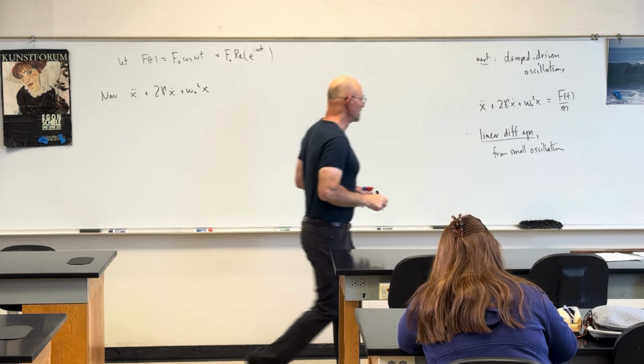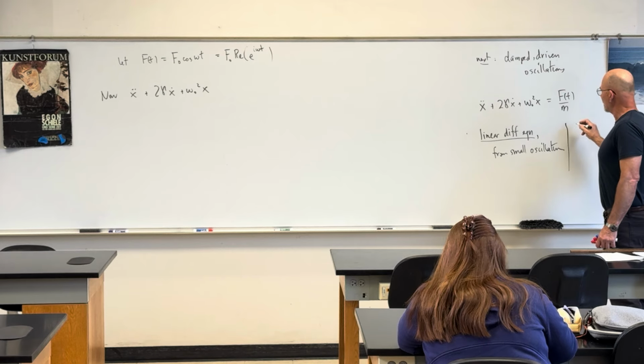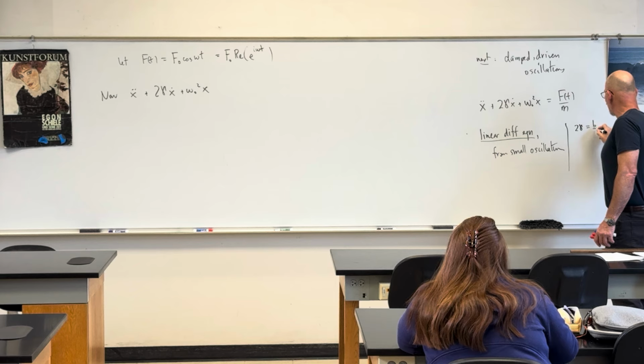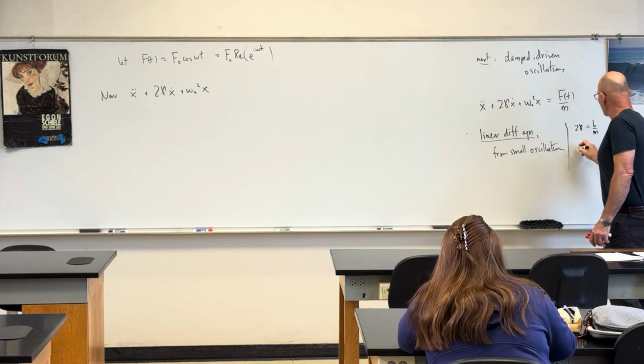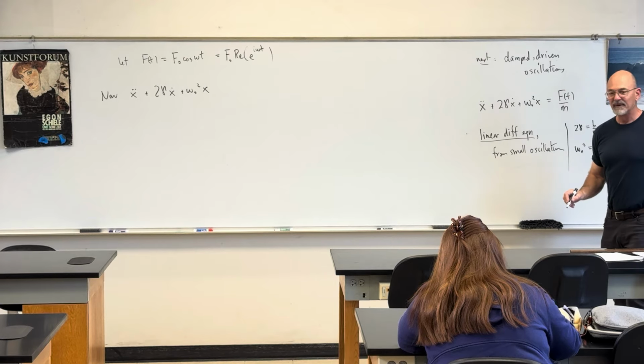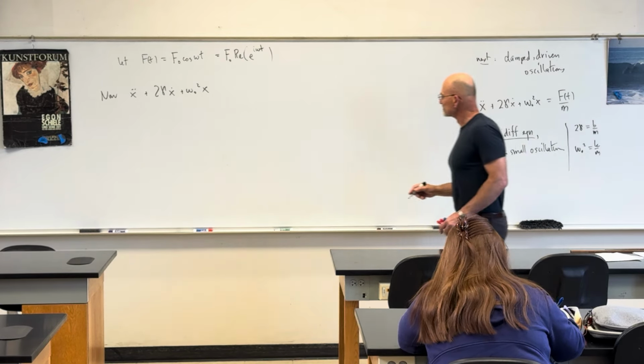You know, I should have, just for the record, reminded us here, the 2 gamma was equal to b divided by m. And of course, the omega naught squared was equal to a divided by m, right, when we started out there.